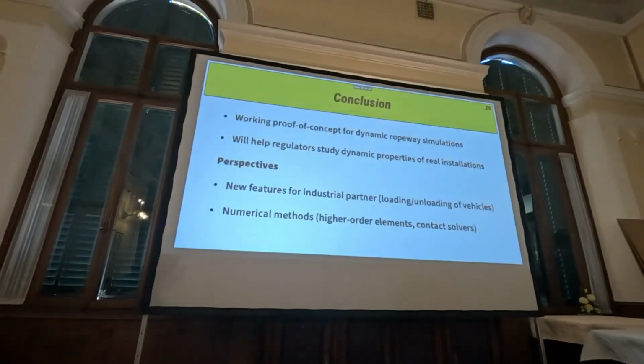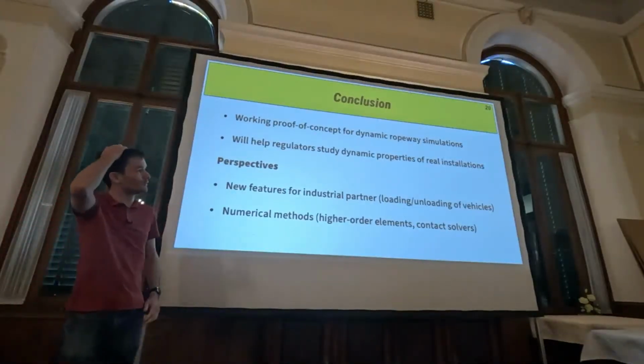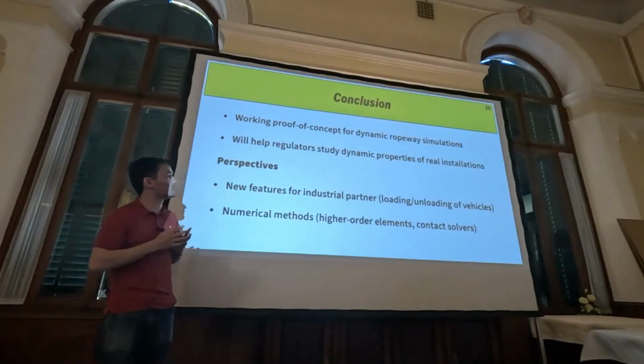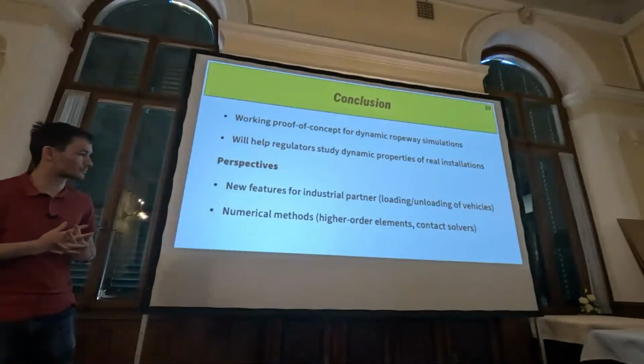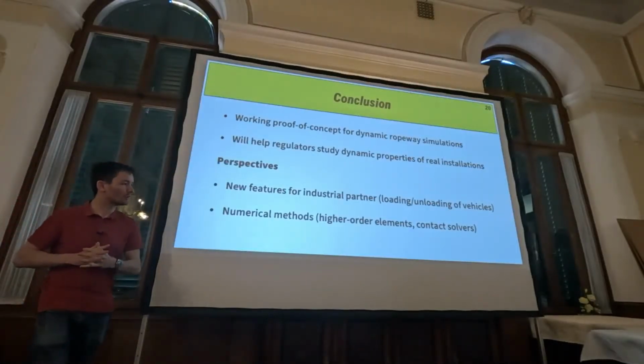And okay, to conclude, we start to have a working proof of concept for dynamic ropeway simulation that will help regulators study the dynamic properties of real installations. As you can see, there is a lot of things to improve in this software.